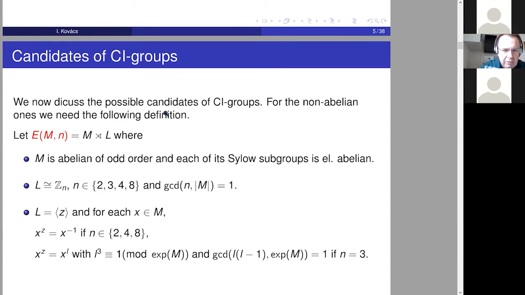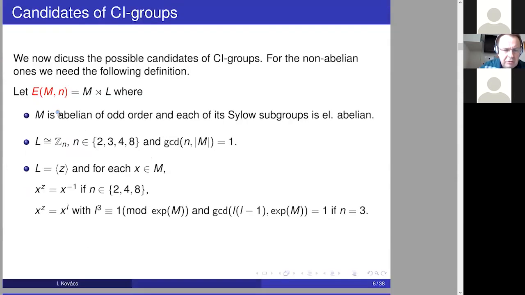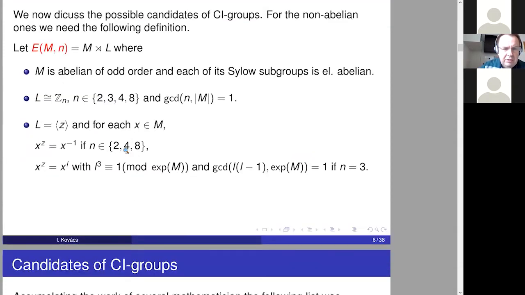For the non-abelian groups, I will denote by E(M, n) the semi-direct product of a group M with a group L, where M is abelian of odd order, and each of its Sylow subgroups is elementary abelian. L is a cyclic group whose order is very restricted, plus coprime to the order of M. And the action of L on M is defined in the last point.